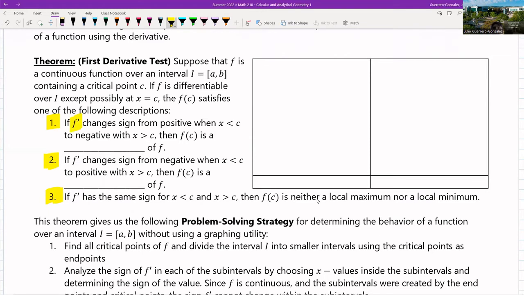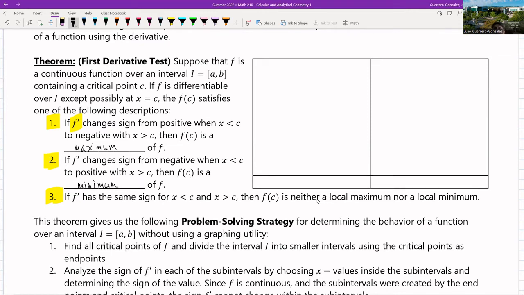If the derivative changes from positive before the critical value to negative after it, then you have a maximum. And if f prime changes from negative to positive after the critical point, then you have a minimum.